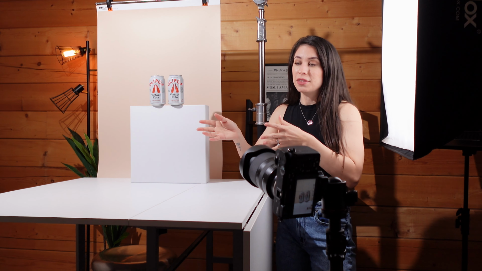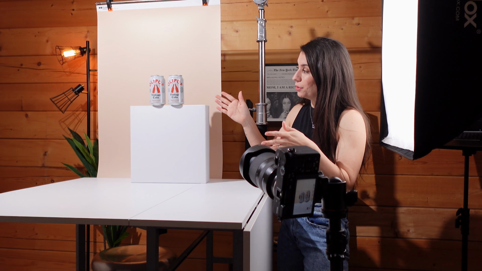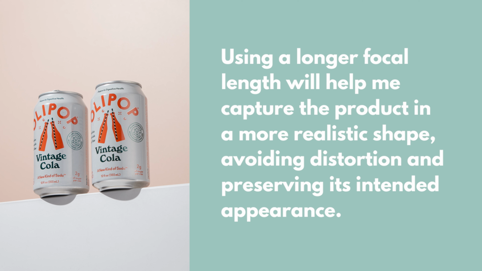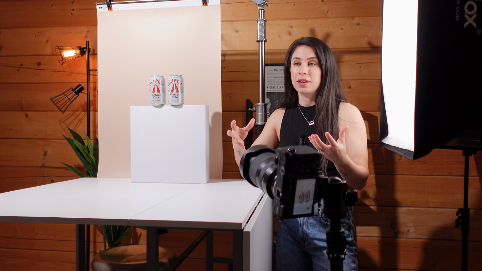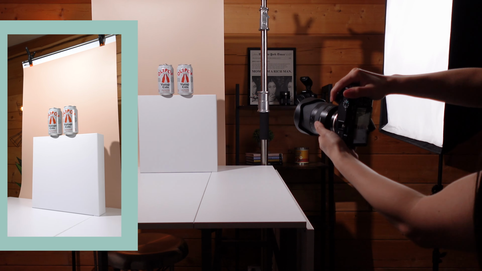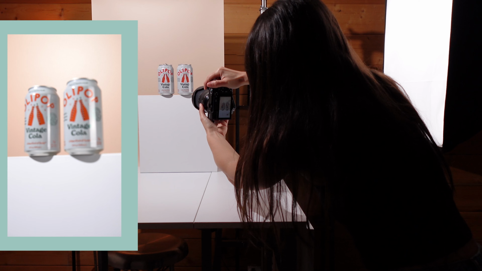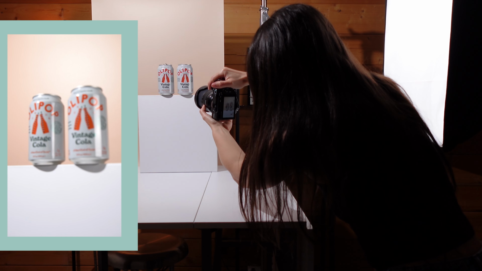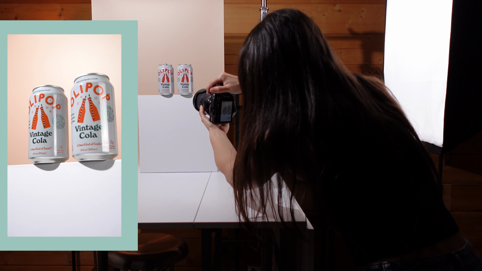And what a focal length of say 50 to 70 millimeters helps me do in this photo is to capture those cans more realistically as far as how the shape is presented. So for example, if I shoot with a focal length of say 18 millimeters, 24 millimeters, what's gonna happen is I will have to get closer to the product or closer to the scene, and that is going to end up distorting the scene and the product.